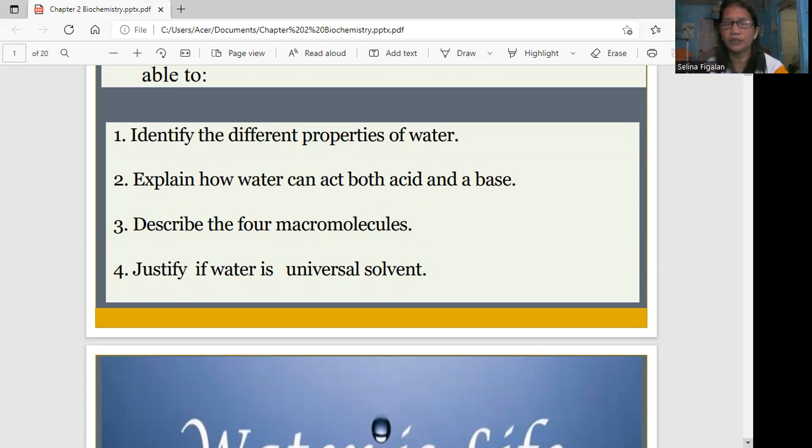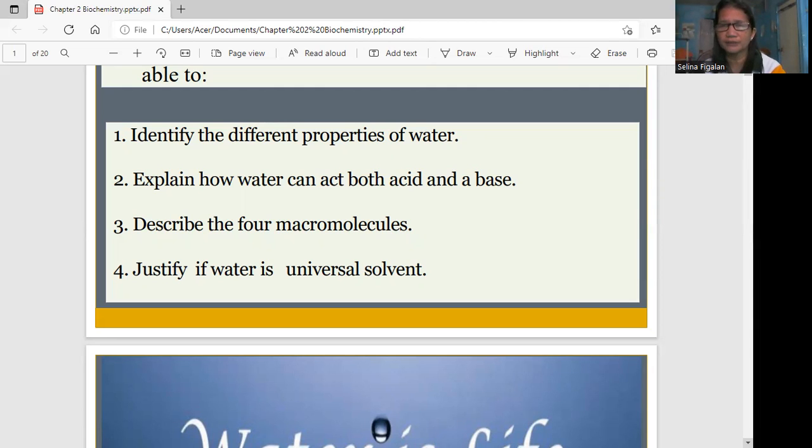As we all knew, there are four macromolecules which are present inside our body and needed inside our body. These are your nucleic acids, which are the DNA and then the RNA. The second one is your lipid, which is necessary for insulation.